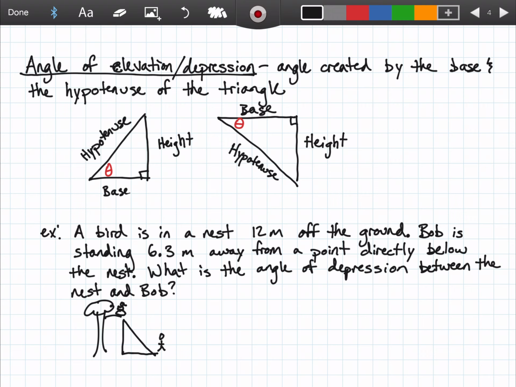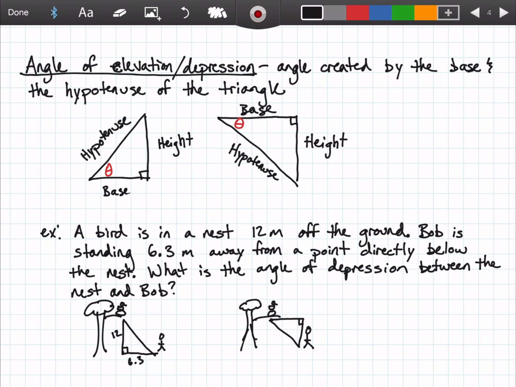I could draw it this way, and there's my triangle where I got 12 here and 6.3 here. Or if I did it a different way, just bird, getting really good at this. And then Bob, tree taller. Or I can make my triangle this way.